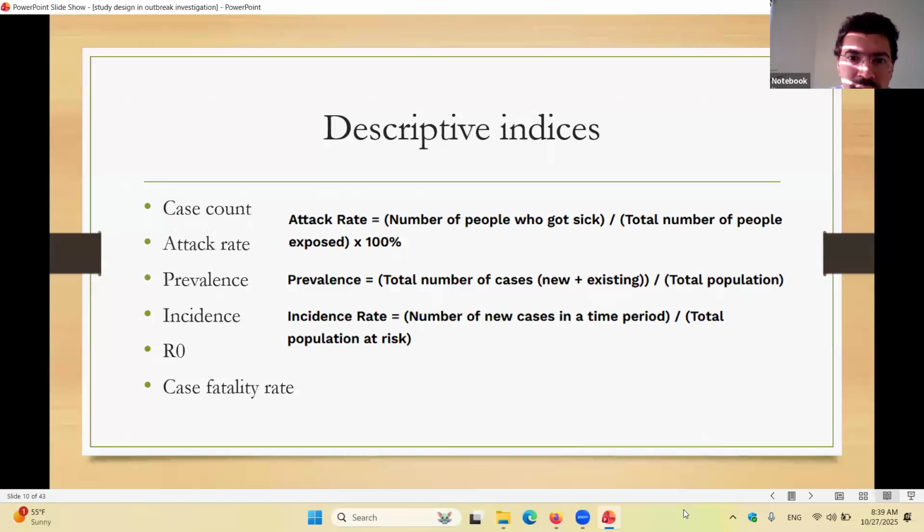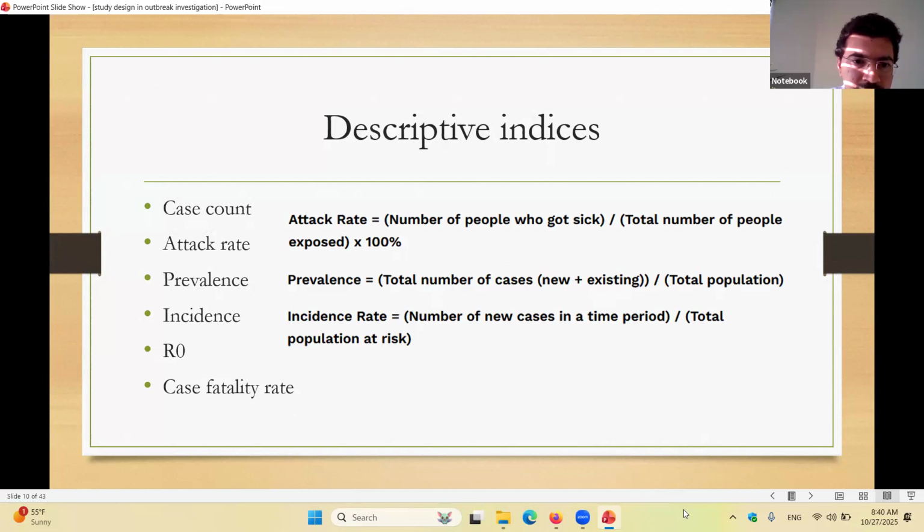Continuing with descriptive methods, I am introducing you some descriptive indices that are important for the descriptive step of outbreak investigation. Of course, the indices are more than what is mentioned in this slide, but I gave you some of the most important ones.